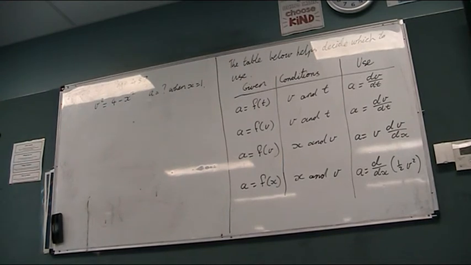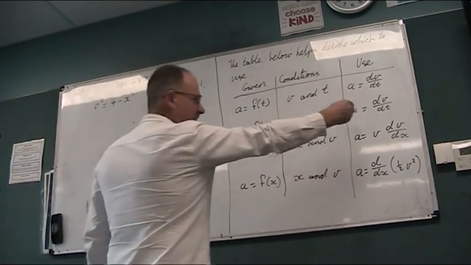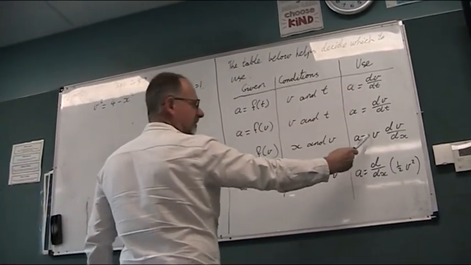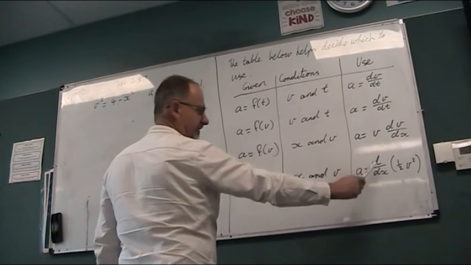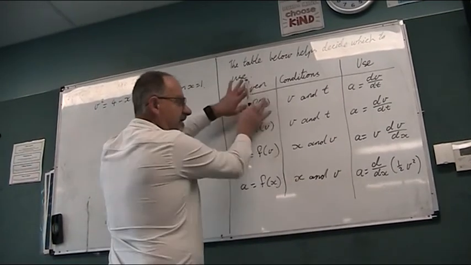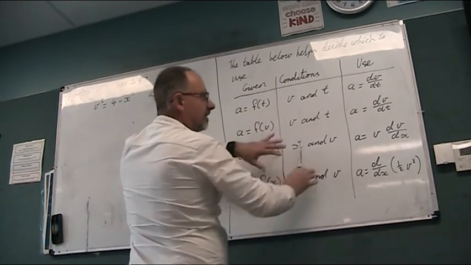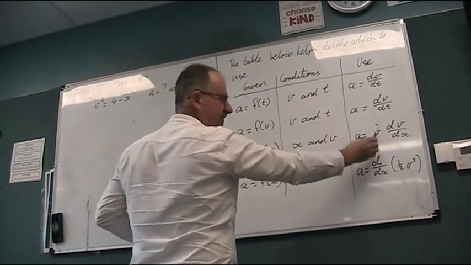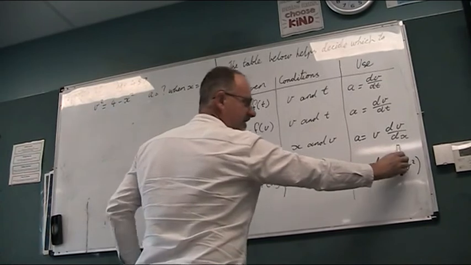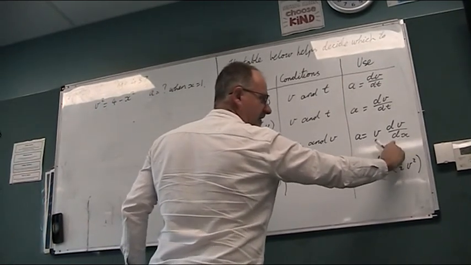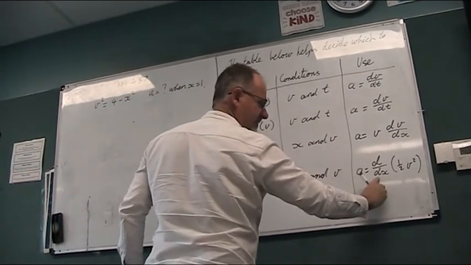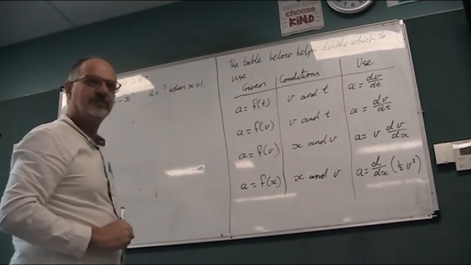So we've got to have a look and we've got to think. So when we look at what we've got here, even though we haven't been given an expression for acceleration, two of these versions of the acceleration are looking at derivative with respect to x.